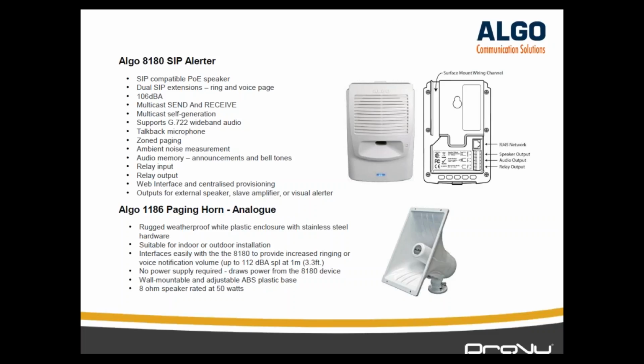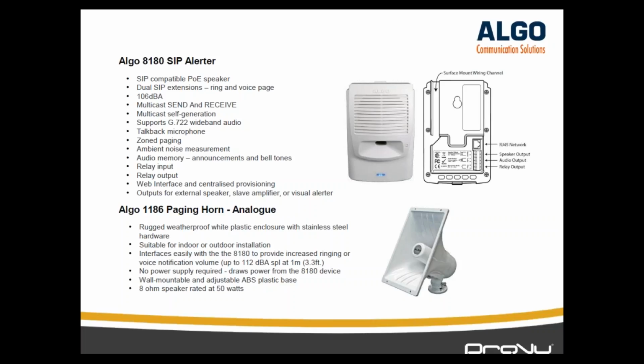Some of the main features: it is ruggedized and weatherproof, so it's good for outdoor use, or it can be used indoors as well. If you use this analog speaker, it does add extra volume as well. With the H180 alone it's 106 dBA, whereas when you use it with the H186, it changes to 112 dBA.